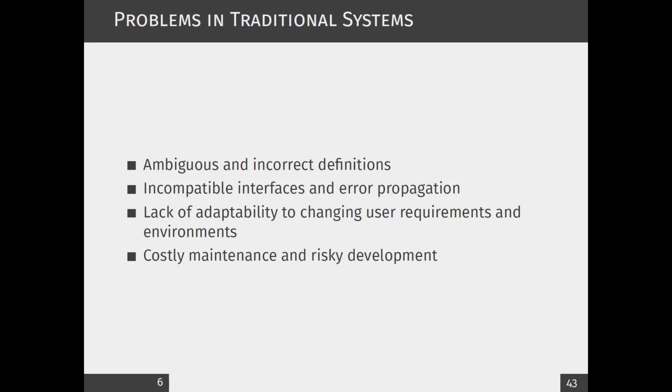I told you about interface issues earlier, and those may lead to errors, and an error will propagate through the system. So if you make an error at some point, it will propagate within the system.